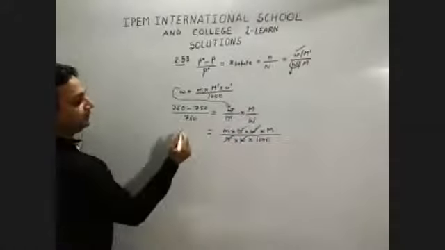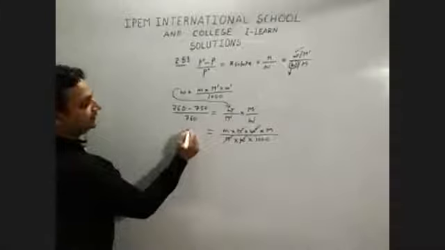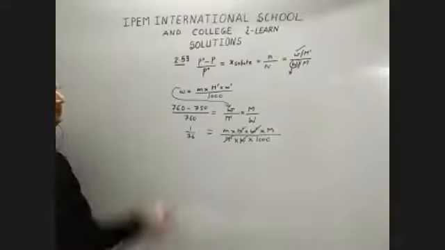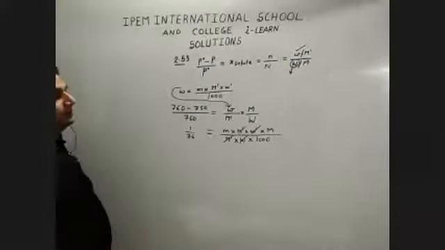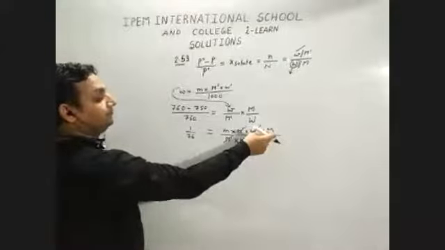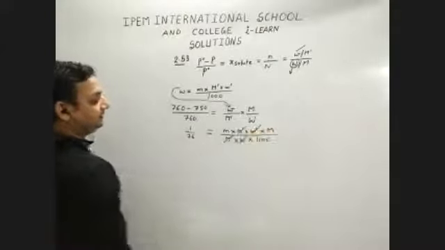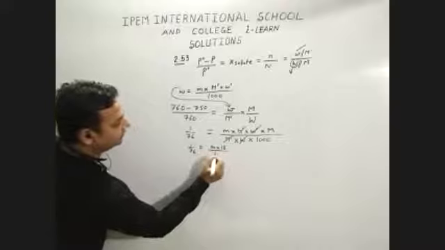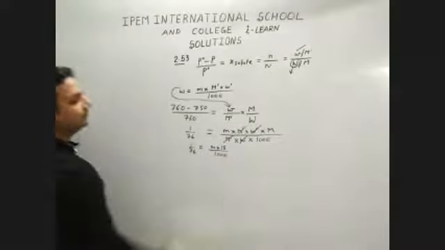Now 760 minus 750, this will become 10 upon 760, that is 1 by 76. Now this is the molecular mass of solvent, capital M, that is 18. So 1 upon 76 is equal to M into 18 upon 1000.